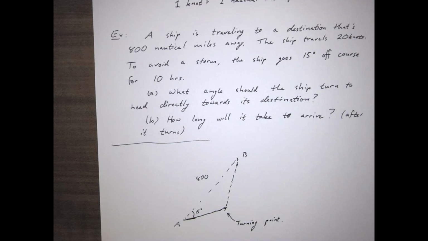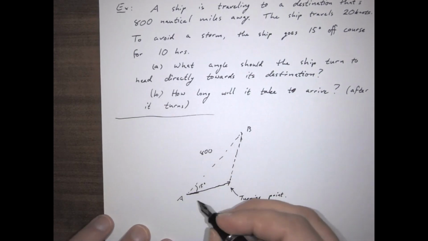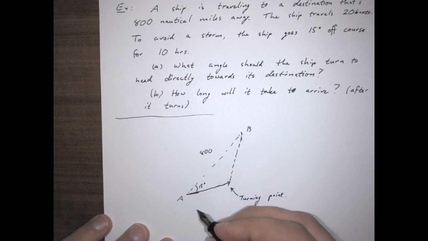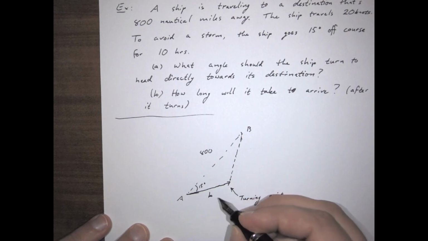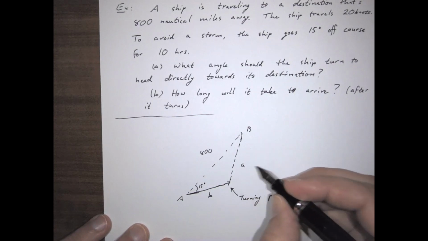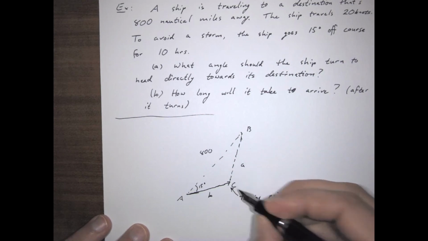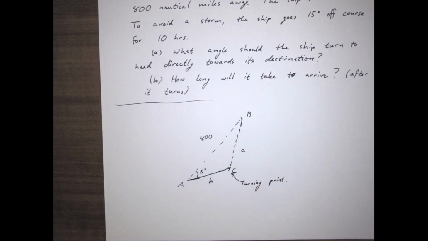All right. So first off, we need to figure out how far has it already gone along the course that it started off going. So that would be distance B. We'll call this distance A. And then if I call that angle C, that's what we're trying to discover.